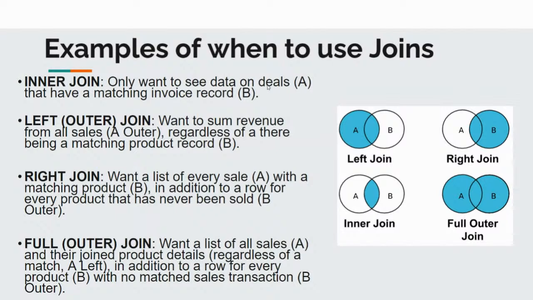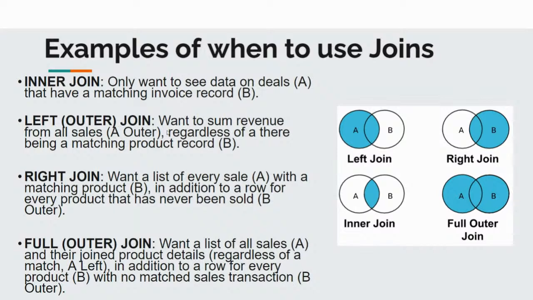Say you're a broker, you sell houses, you're a realtor, and you've made a deal. You'll only match the records that have an invoice record, or you've made a sale on those, and maybe that invoice is some commission. So you'll bring those together, and you'll get only those records.